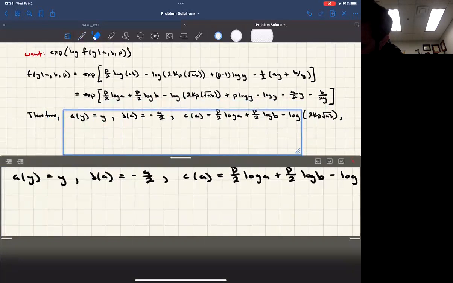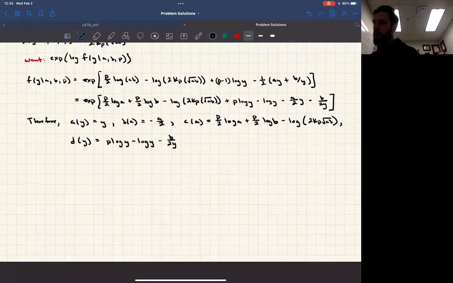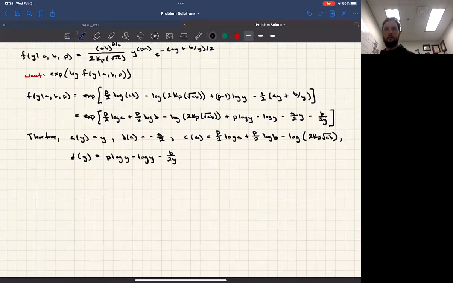And then we would have d of y soaking up the remaining terms. So that would be P log y minus log y minus B over 2y. I think that gives us everything.